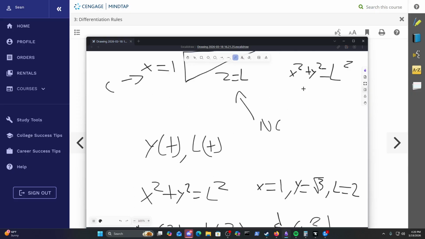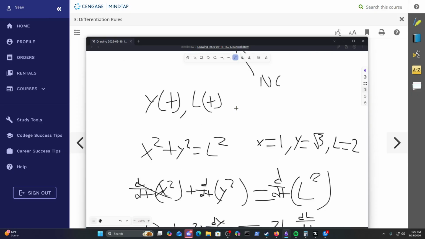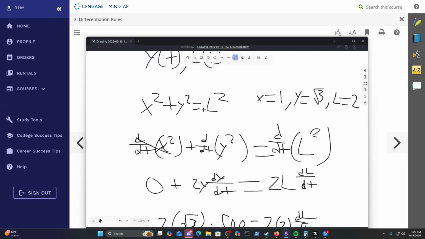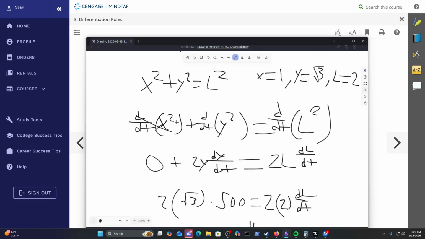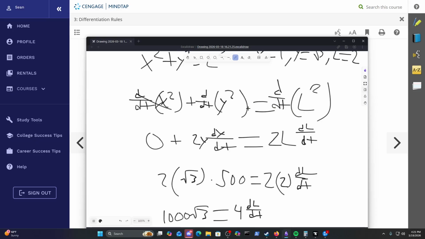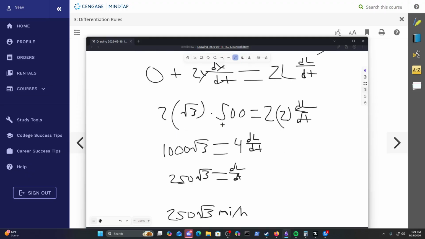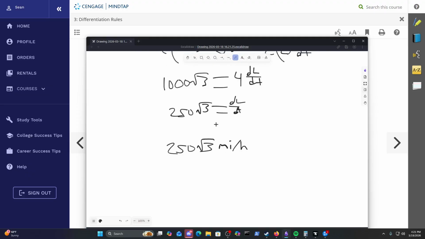And then, once you have the constraint equation figured out, whether it's a right triangle, sphere volume, surface area, or area of a rectangle, whatever it is, just differentiate it. Again, if one of them is constant, then its derivative just cancels out, a big fat 0. Just do very simple differentiation, and then you're just plugging in values. And it is as simple as that.